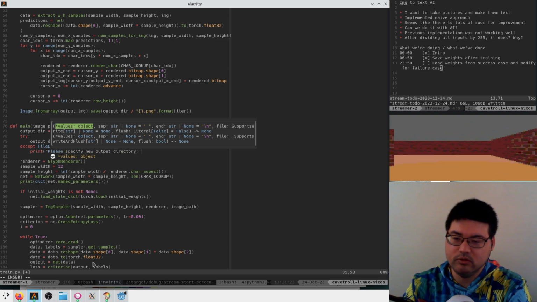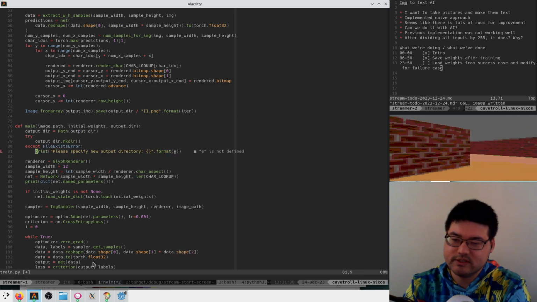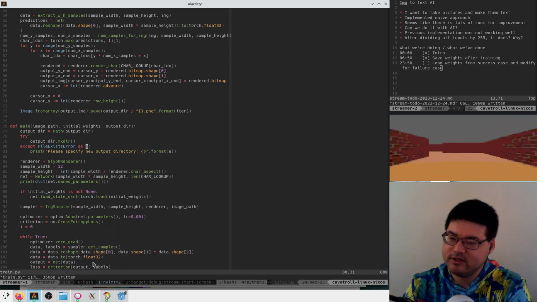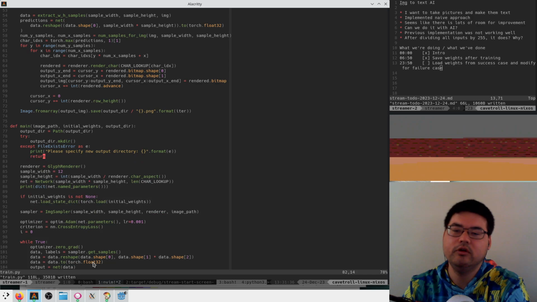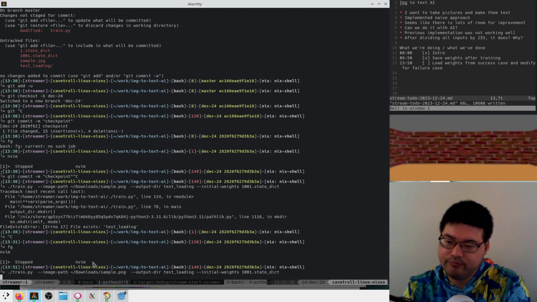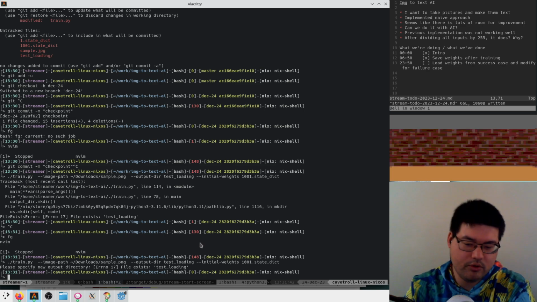And maybe then we also log the exception, like this, as E, I think is the syntax here, and then we just return. Okay. Please specify new output directory. Nice.